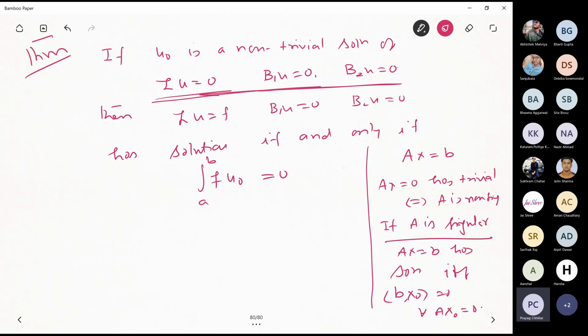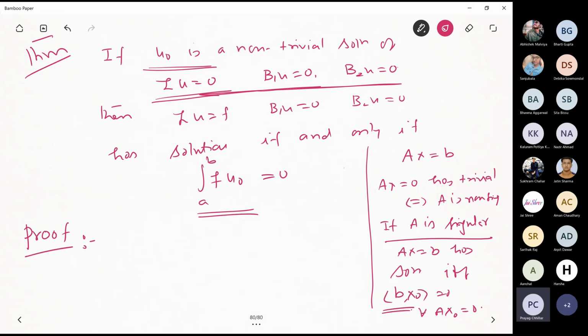If it has u naught as a non-trivial solution, it is a singular phenomenon, and in that case you expect this kind of orthogonality condition, which also holds for matrices. The spirit is the same. I gave the complete proof in the lecture notes and I'm not going to give it here; interested students can read the proof.